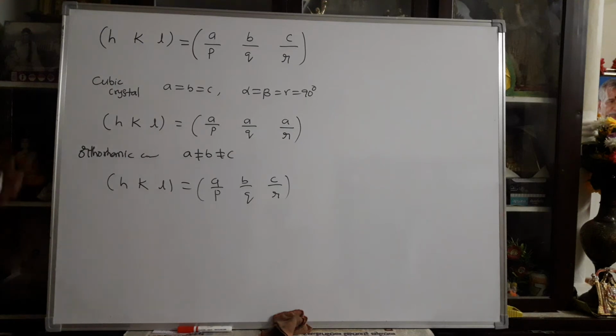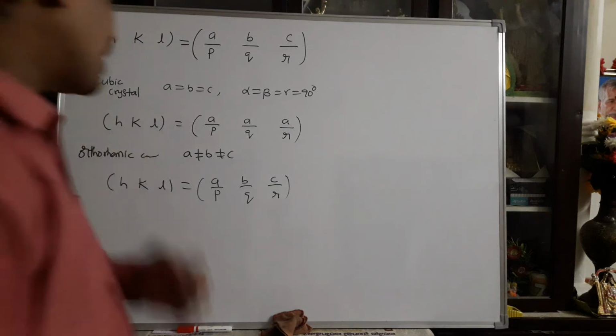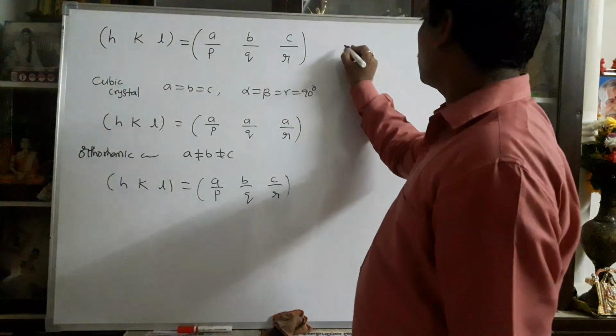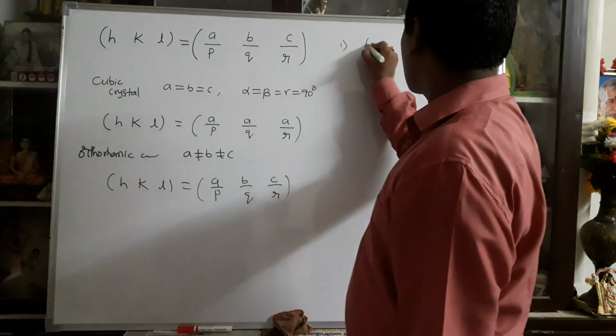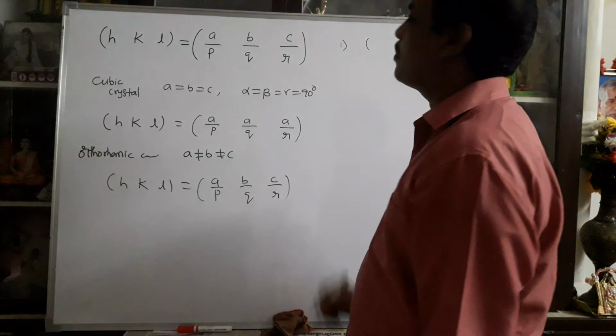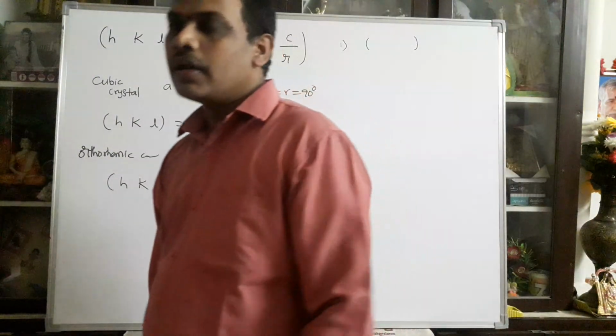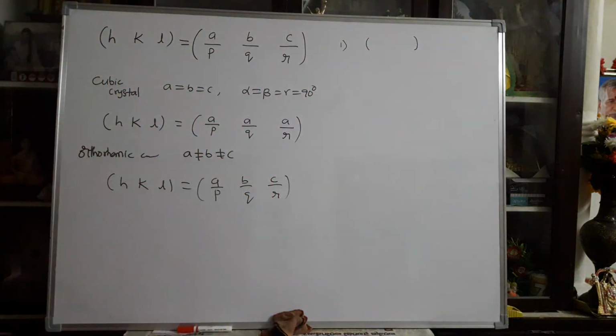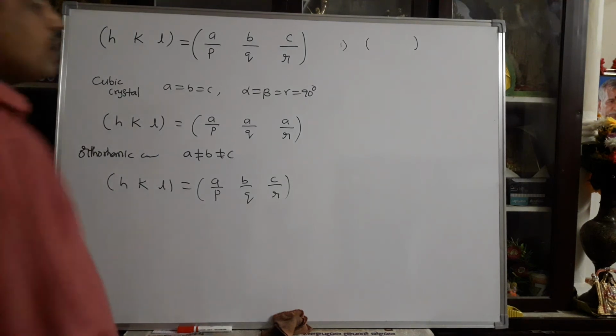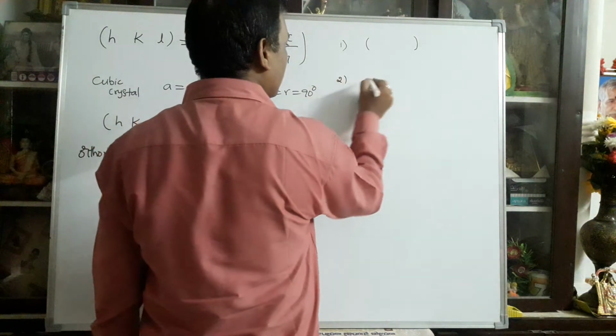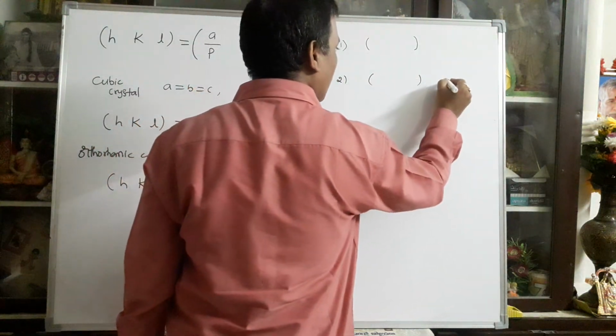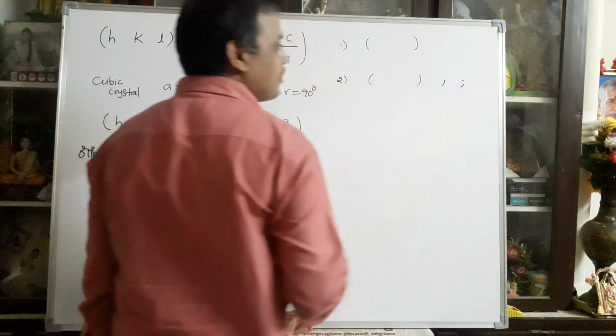According to the Miller indices, the main points are these. All Miller indices can be expressed in terms of curved brackets only. There is no need to introduce either a comma or a colon between the numbers.